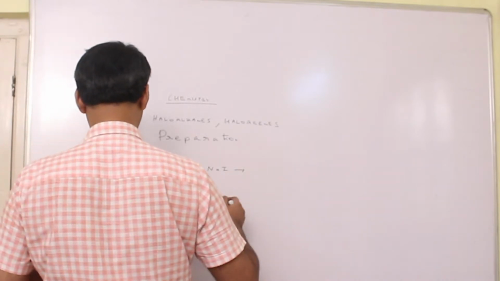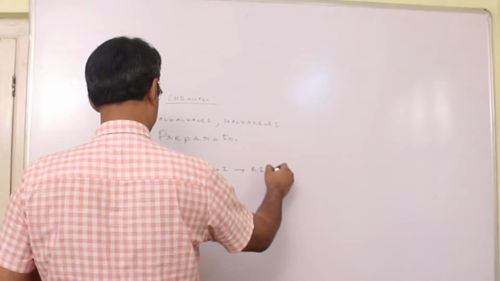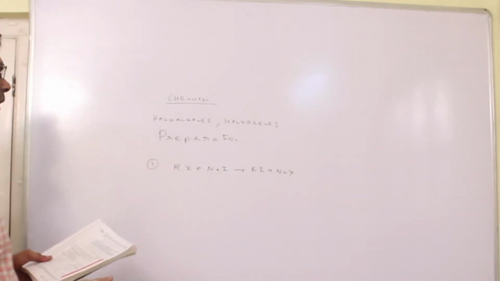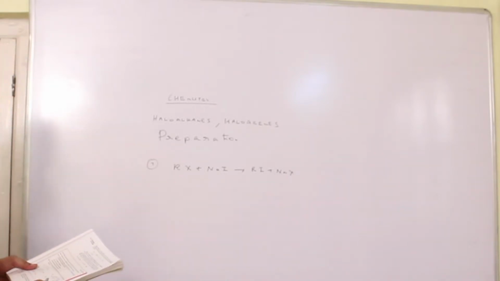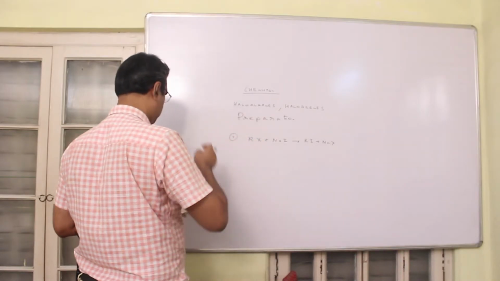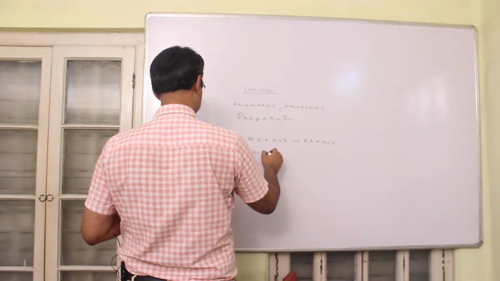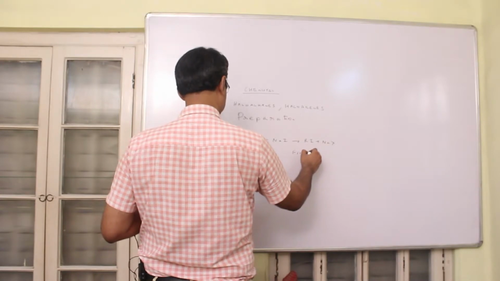Now the thing is that most of the reactions which have been discussed pertain to either chloro or bromoalkanes. So now we will discuss iodo and fluoroalkanes. Now there is a reaction known as Finkelstein reaction.